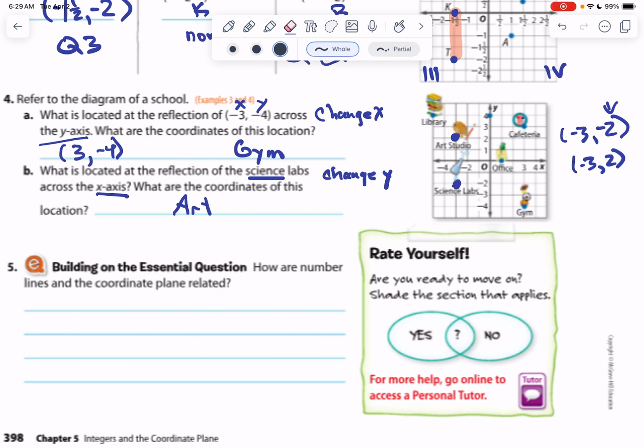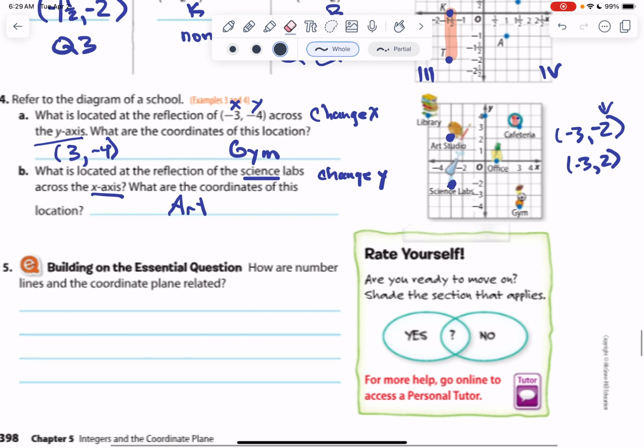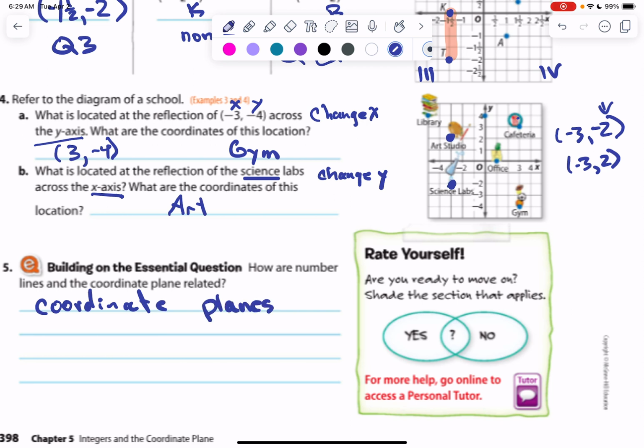So we could say that a coordinate plane is the intersection of the x number line and the y number line. Coordinate planes are the intersection of the x and y number lines.